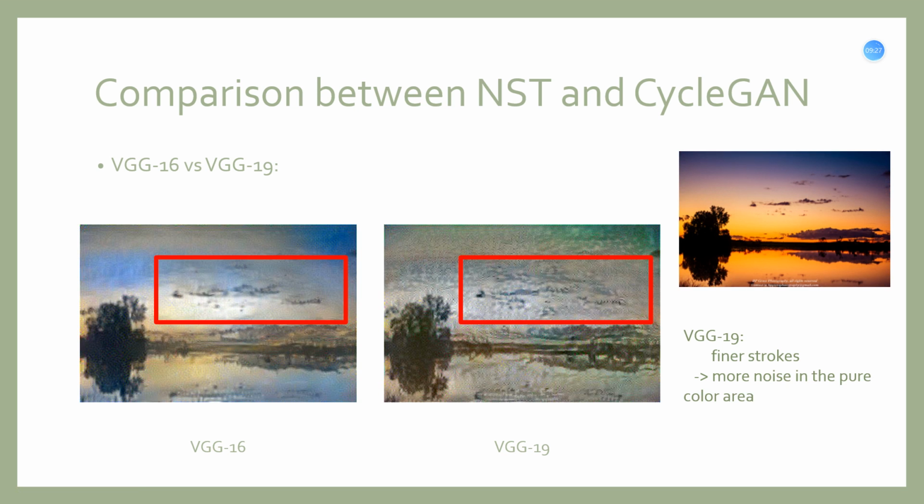But it's not always good either. We can see here in the pure color area, VGG19 actually adds more strokes than we expected, so I call it noise. Whether the finer strokes are good or bad depends on our preference.